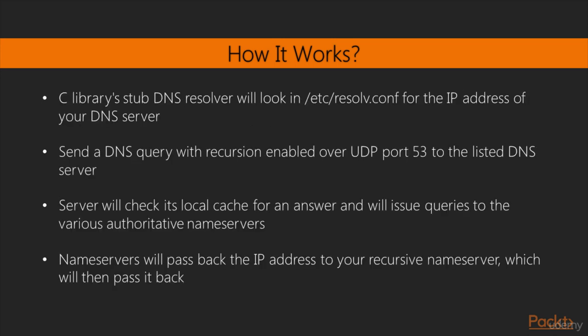Assuming that you didn't have a matching entry in /etc/hosts, the library's stub DNS resolver will look in /etc/resolv.conf for the IP address of your DNS server and will then send a DNS query with recursion enabled over UDP port 53 to the listed DNS server.